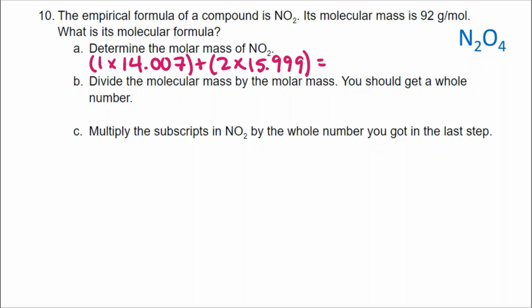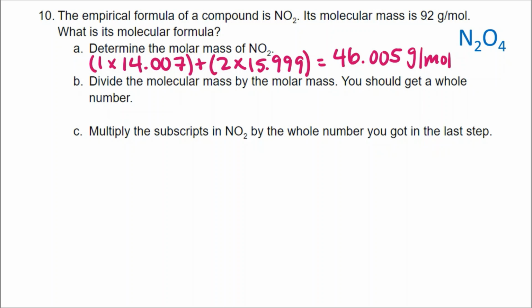So I'm going to do 15.999 times 2 and add to that the 14.007. And this is going to give us 46.005 grams per mole.